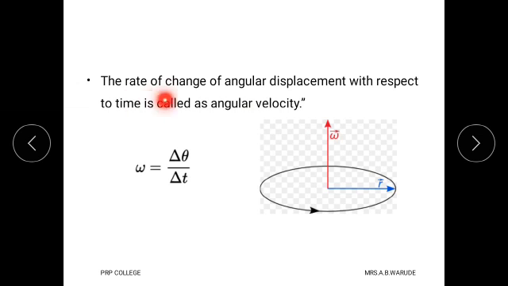The definition is the rate of change of angular displacement with respect to time, and therefore we write omega equals delta theta upon delta t. Here delta is used to denote change, and theta is the symbol for angular displacement.